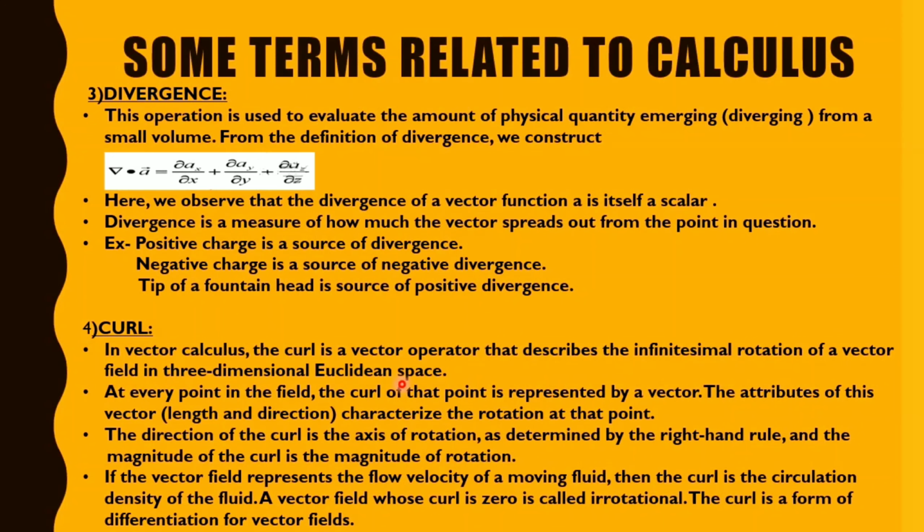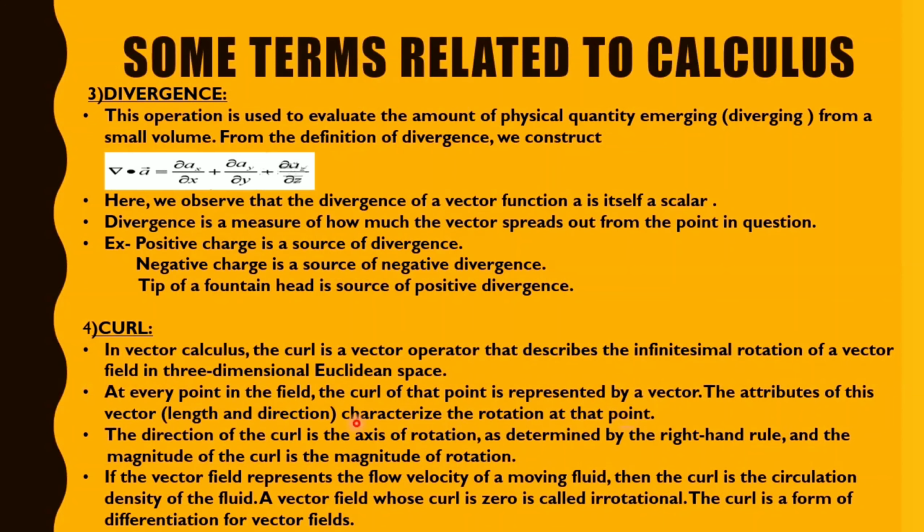At every point in the field, the curl at that point is represented by a vector. The attributes of this vector, that is length and direction, characterize the rotation at that point.